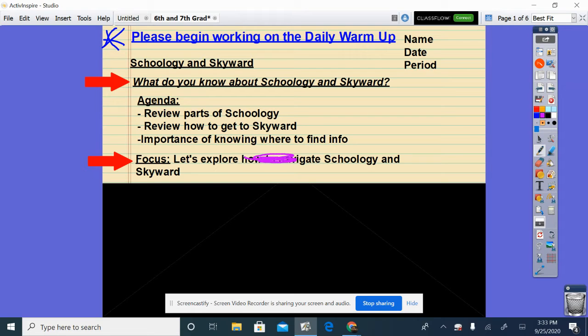So I'd say, let's explore Schoology slash Skyward. That way I don't have to write down every single word that the teacher has on the board. That's one thing I'm going to be focused on this year, teaching you how to take notes. If you need to, stop the video here and write this down. That's the advantage of having the lesson video.